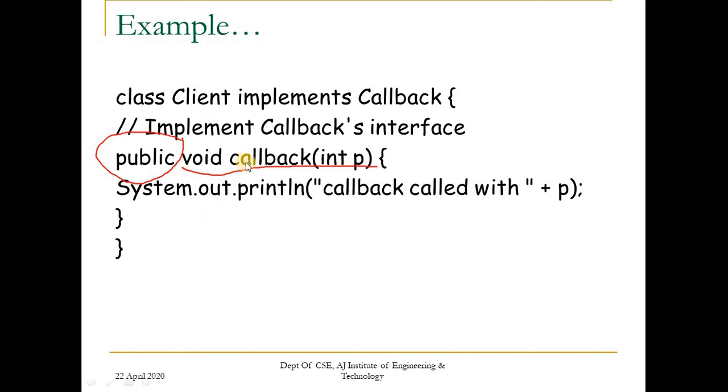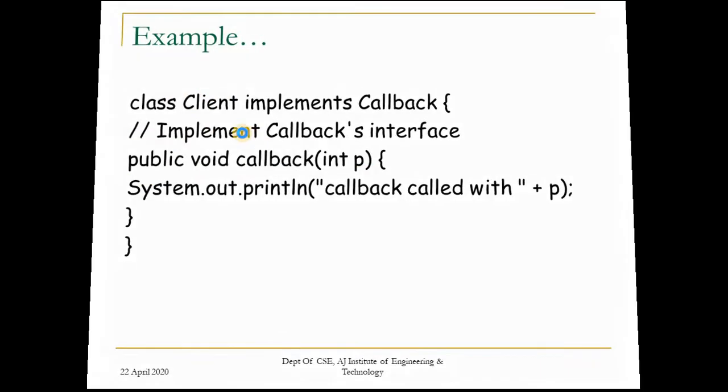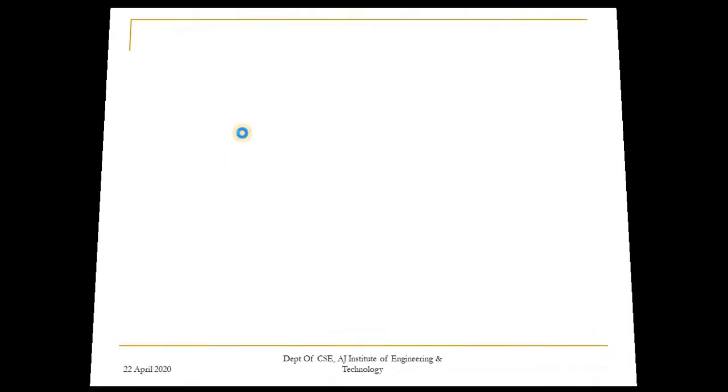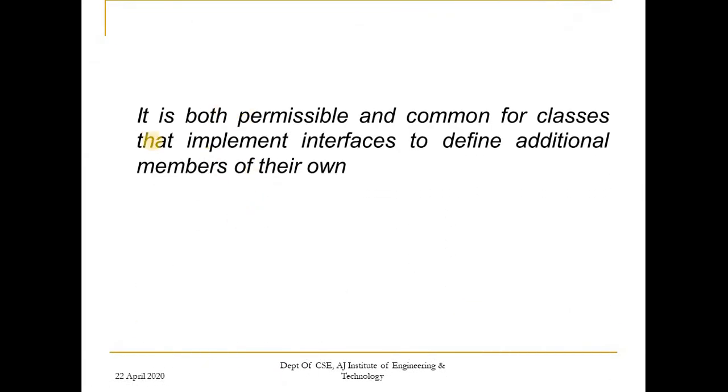So other than the methods of the interface, it can have some other methods also. You can define other methods also within this class, the Client class. That is what they are telling here. It is both permissible and common for classes that implement interfaces to define additional members of their own.